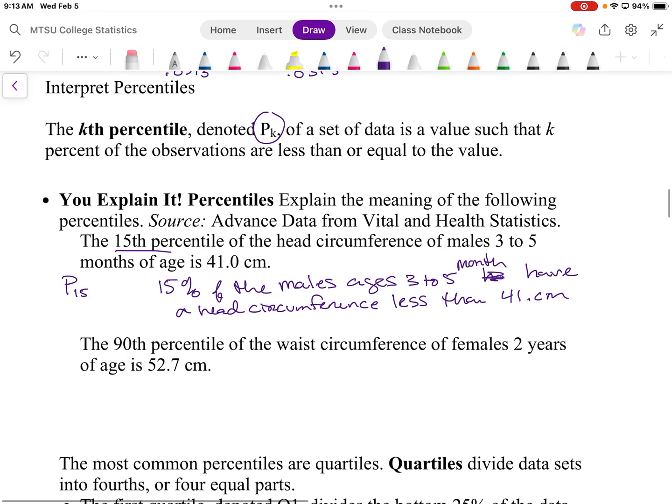On the next example, again, you can get ahead of me in writing it, P sub 90. What does that mean?